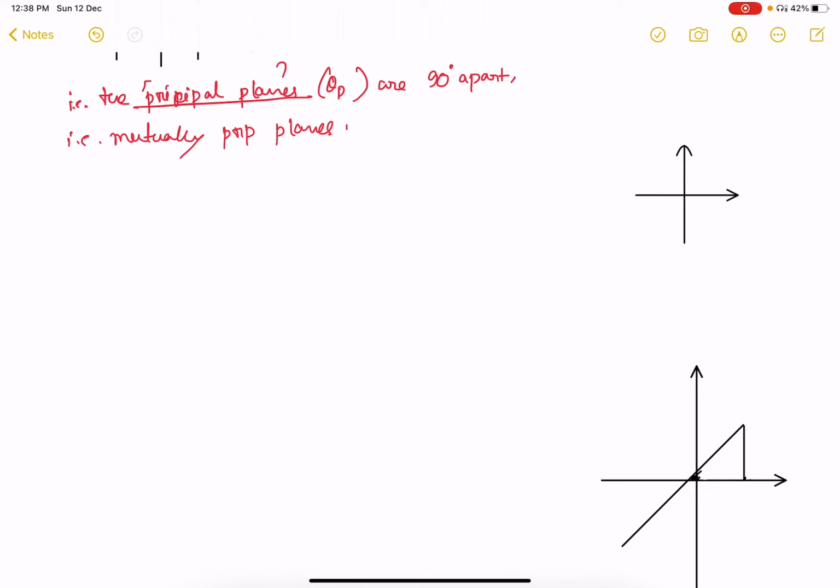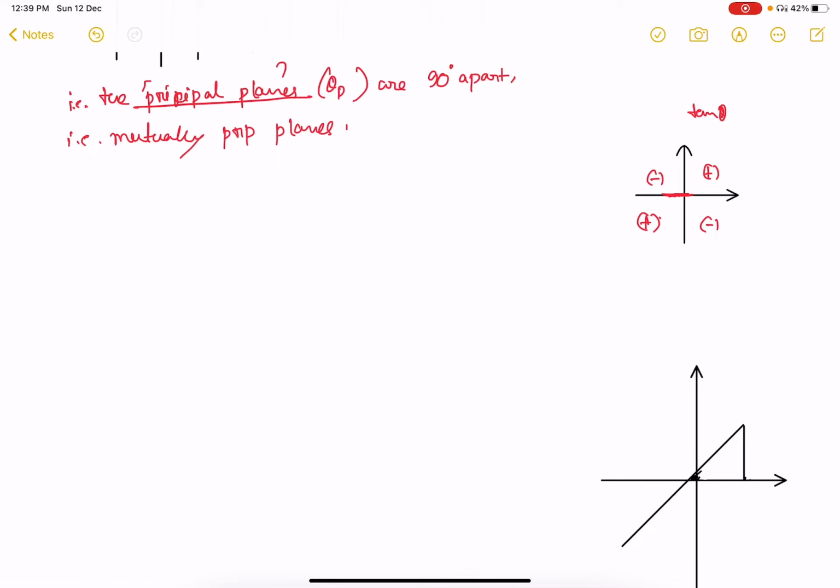Again we can see for the tan θ function, this is positive, this is negative, this is positive, and this is negative. Clearly after 180 degrees things repeat and the signs become the same.